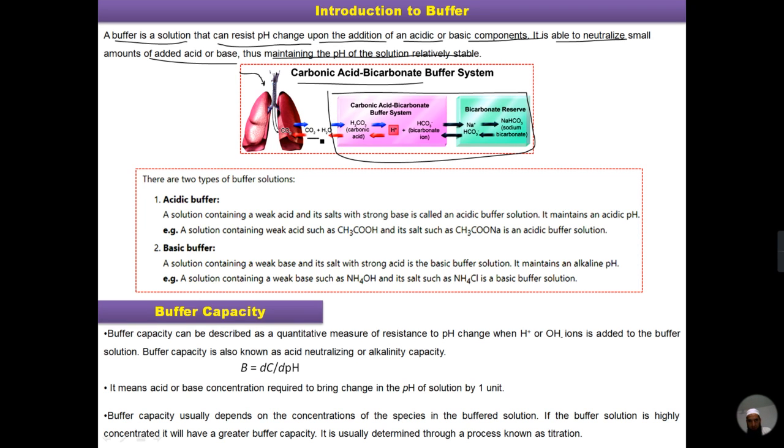Carbon dioxide combines with the water, it forms carbonic acid. Now this carbonic acid gets dissociated into H positive and bicarbonate. And then you know that bicarbonate can be in the form of sodium bicarbonate or bicarbonate anion. Now this bicarbonate is basically performing the role of the buffer in the human body.